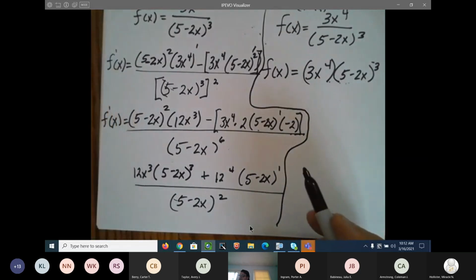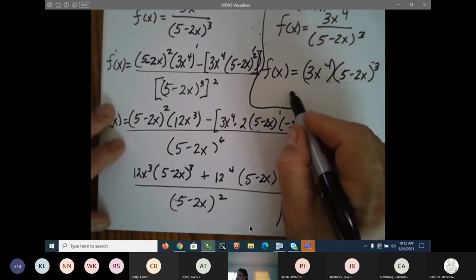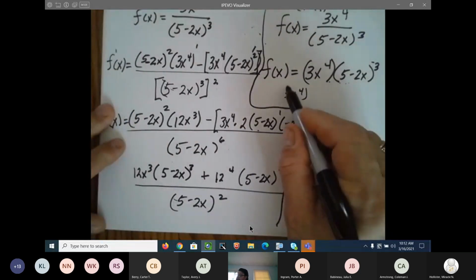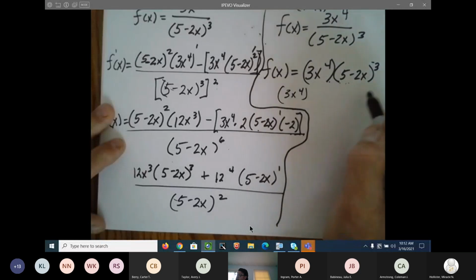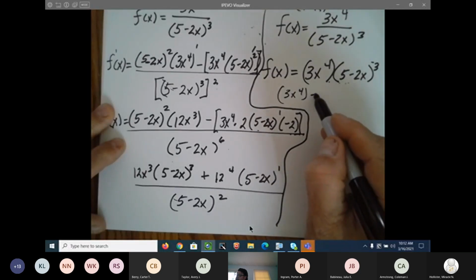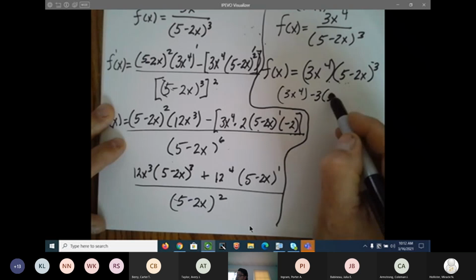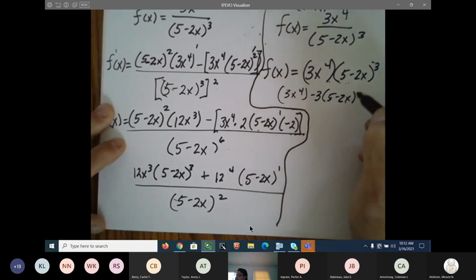All right, now let's see what we get over here. First, times the derivative of the second, which is going to be negative 3, 5 minus 2x, and that's going to be negative squared.